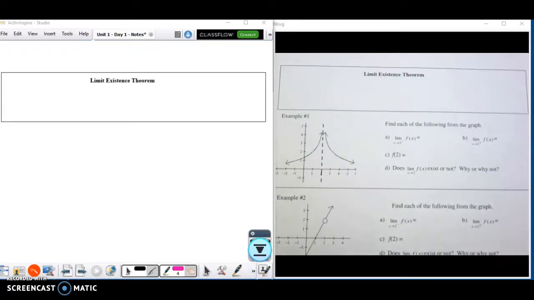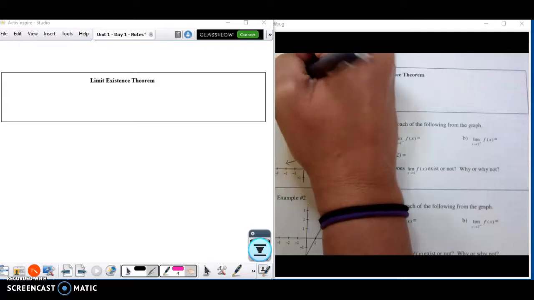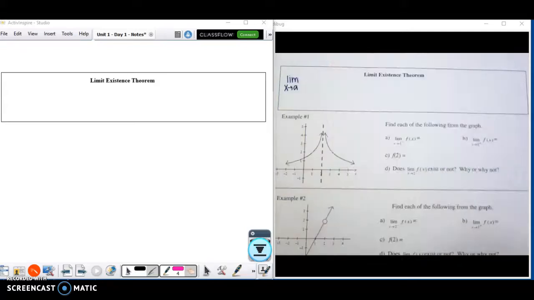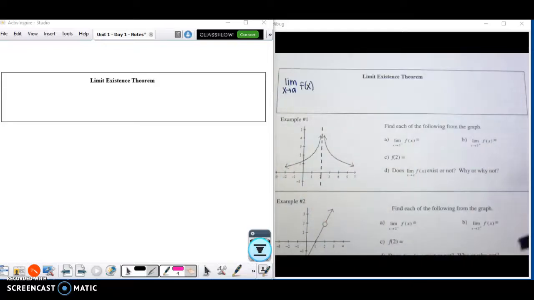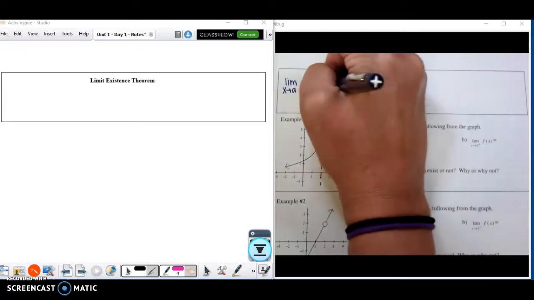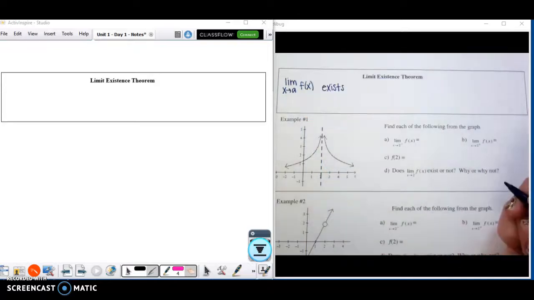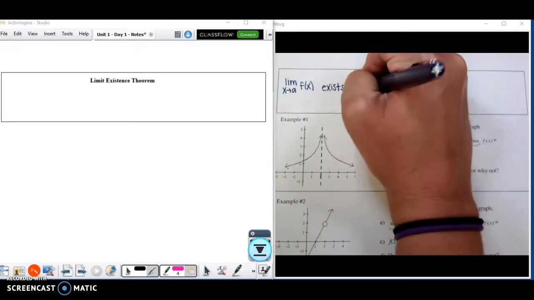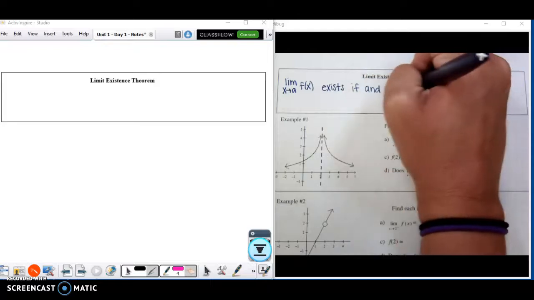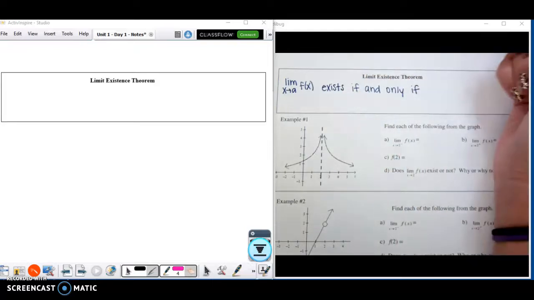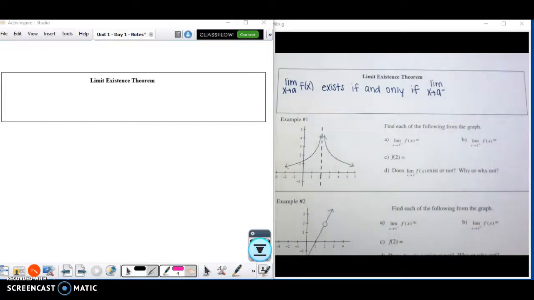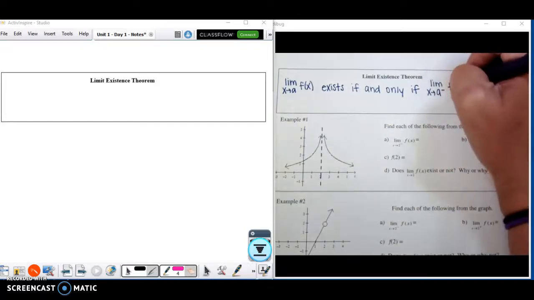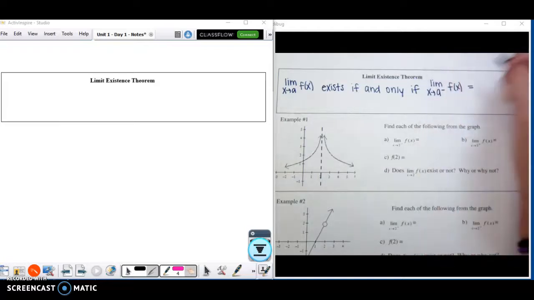So what this says is a limit exists, so we're going to write the limit as x approaches a, this is just any number, of f of x, because remember that just represents the graph or the equation that you're looking at, exists if and only if the limit as x approaches a from the left, with a little minus sign there, is equal to the limit as x approaches a from the right.